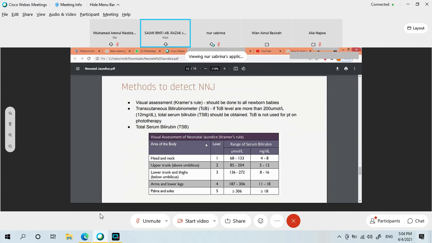Tapi kalau you pakai Kramer ni, you make sure that the patient never put on the photo yet. So once the patient was put on phototherapy, dia dah alter dah. You cannot really base on this. Understand? Sebab dia dah change dah. Bila kita letak fototerapi tak boleh guna dah. Satu, kalau patient prematurity, one of the complications related to phototherapy is the bronze baby syndrome kan?